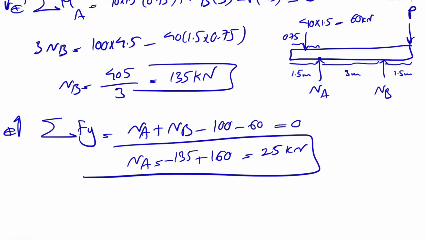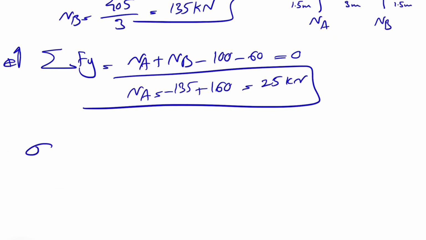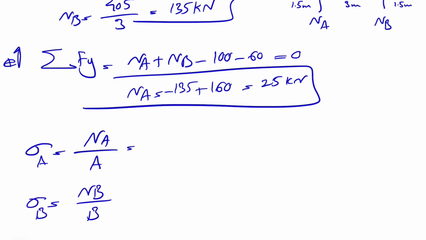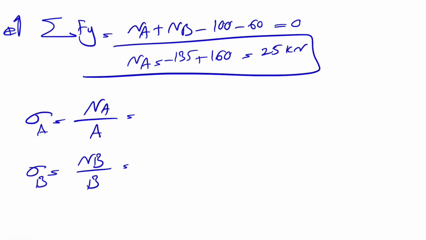Now that we have the normal force in each of these supports A and B, for finding the bearing stress, we either have NA divided by the area of A, and we have the same thing for B, NB over the area of B. We know from the question that the area is a square, so for A, we're going to call it a, the dimension of that square.